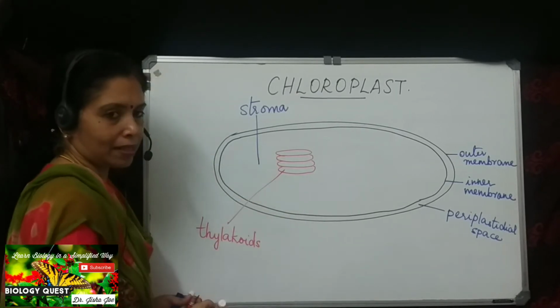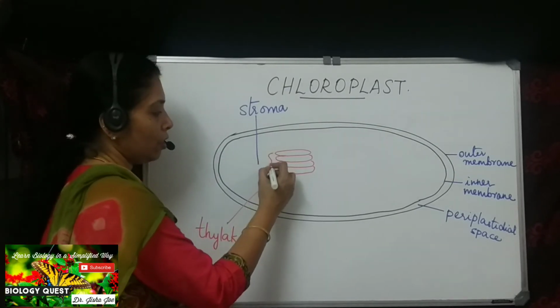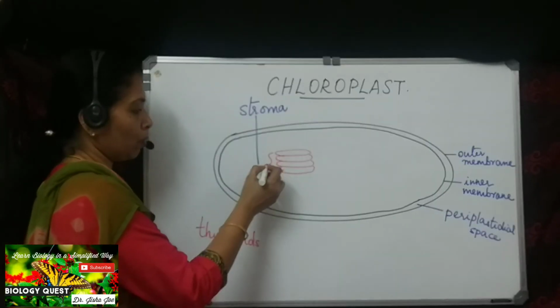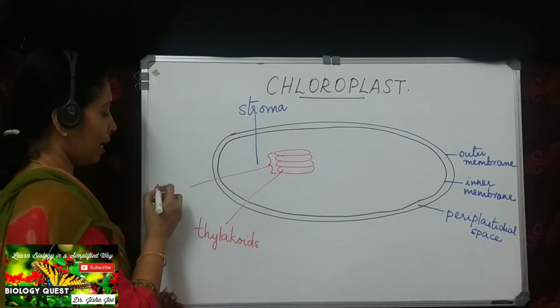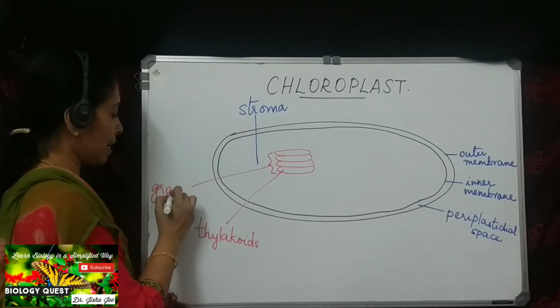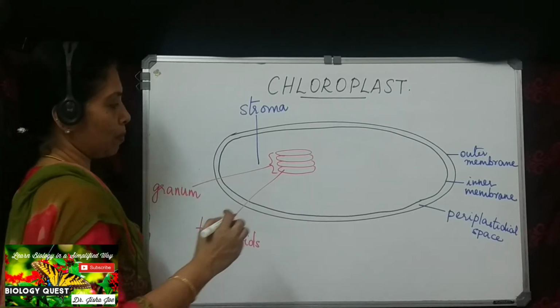And as you can see, the thylakoids are piled up one above the other to form a group. This entire pile of thylakoids is called the granum. Granum is singular, grana is plural.